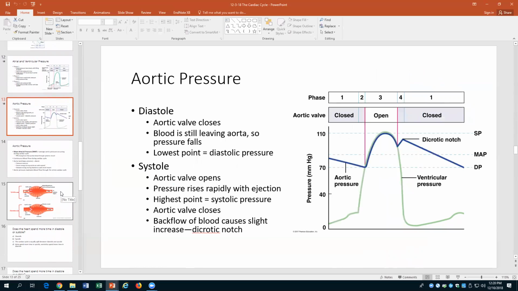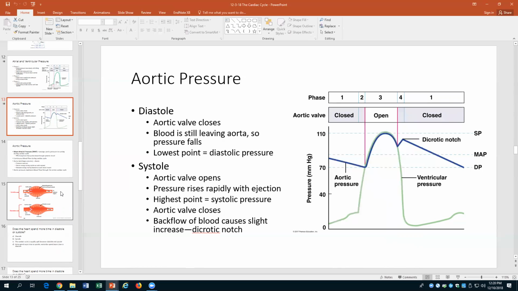All right, so the aortic pressures, now we want to understand where we're talking about here. We're talking about the main vessel that leaves the left ventricle. This is going to feed all of the blood in your systemic arteries. This is going to give you a carotid artery, subclavian, all those distal arteries come from that big vessel called the aorta.